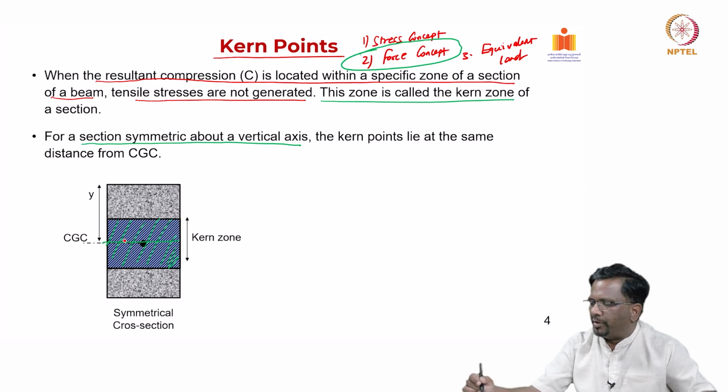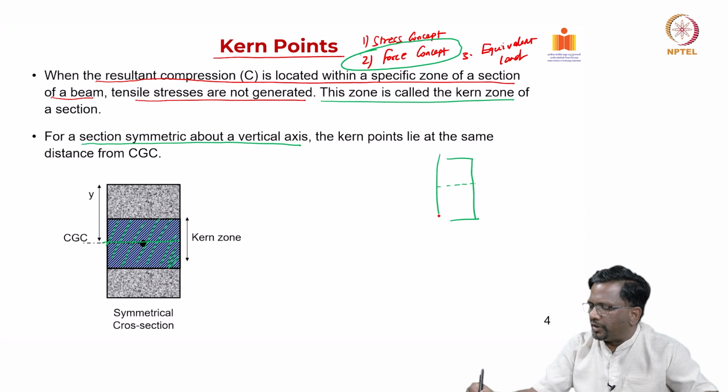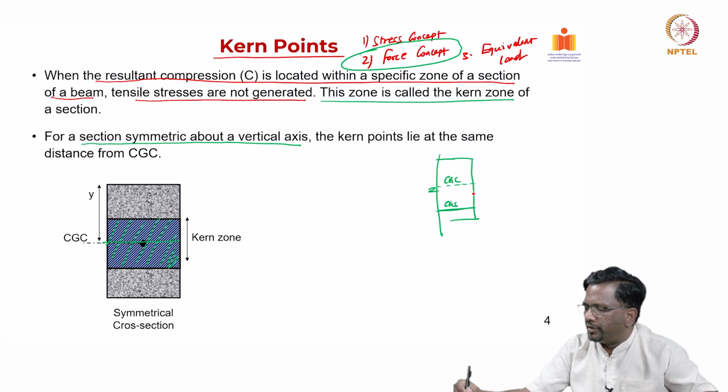Again, if you remember, let's say I take a section. So, this is CGC, let's say this is CGS, and what we are saying is we are going to apply the C. See, this tension force location remains the same.